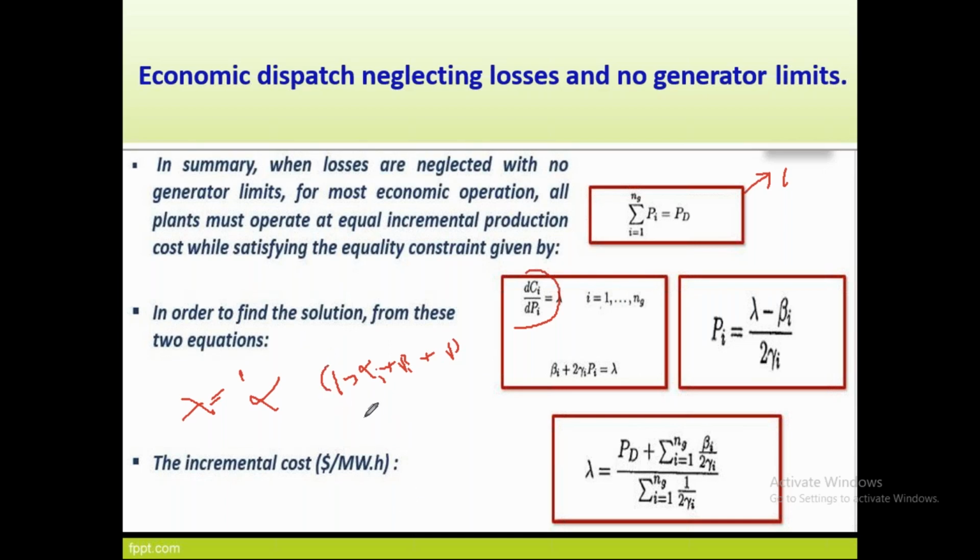If you want the incremental cost, you have to differentiate this equation with respect to Pi. Then you will get this equation, lambda equals beta I plus 2 gamma I Pi. From this equation, find the Pi value and lambda value. These two are the final equations.